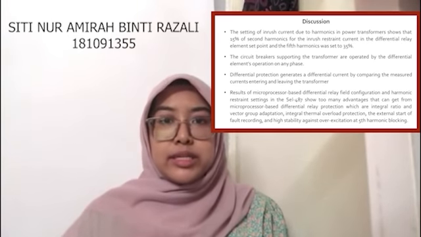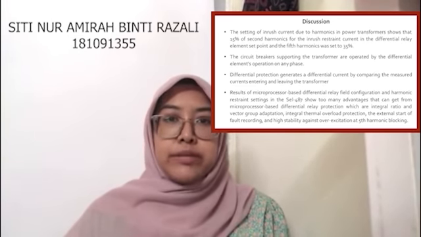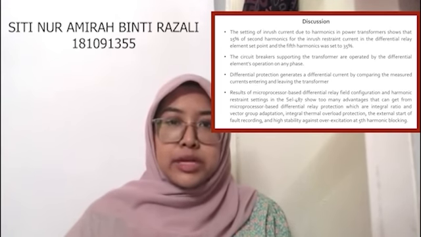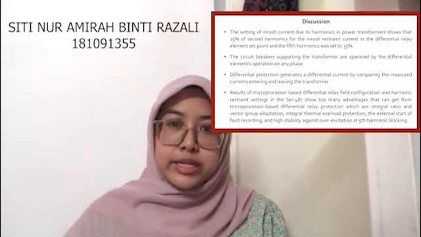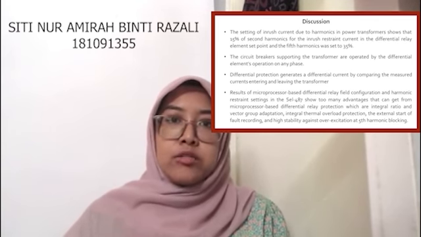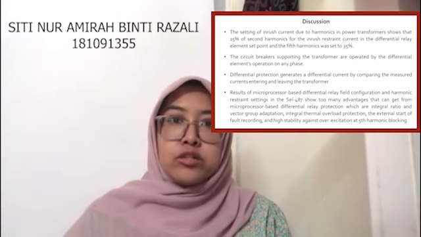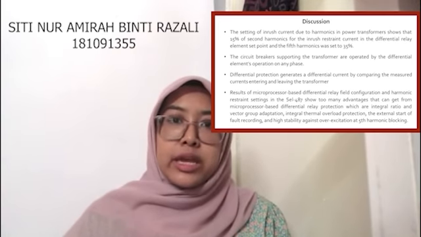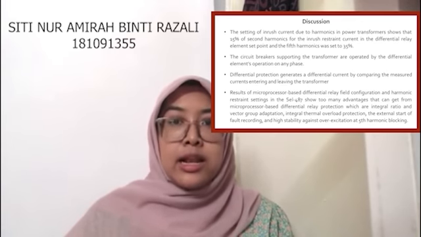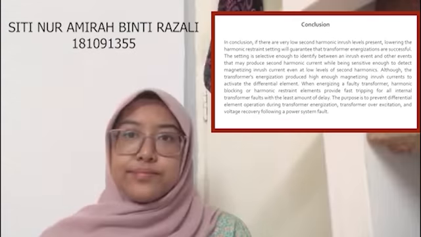Furthermore, high stability against CT saturation provided by the integrated saturation detector and add-on stabilization, with high stability against inrush current due to advanced filter technology and optional cross-blocking function, will also be advantages that can be collected from the harmonic restraint setting in the FEL 4X7.